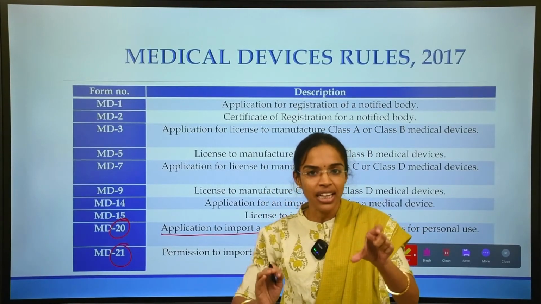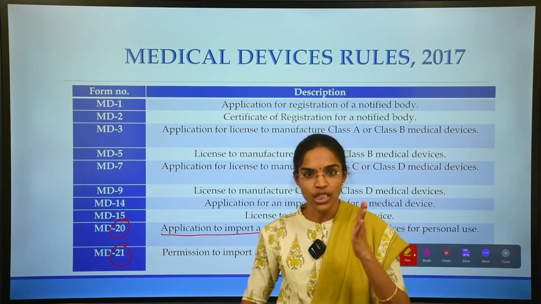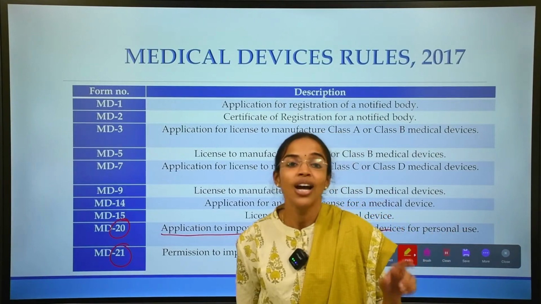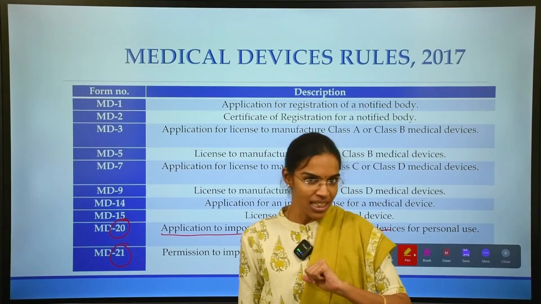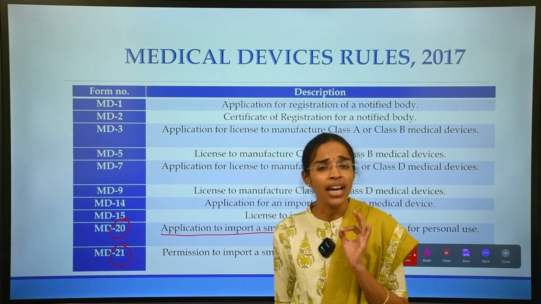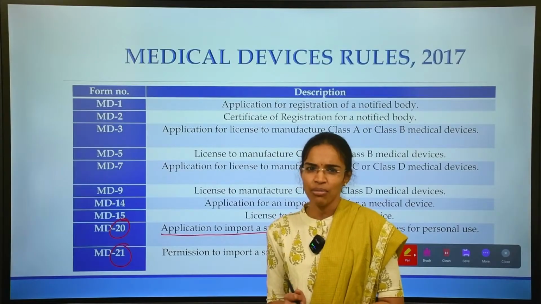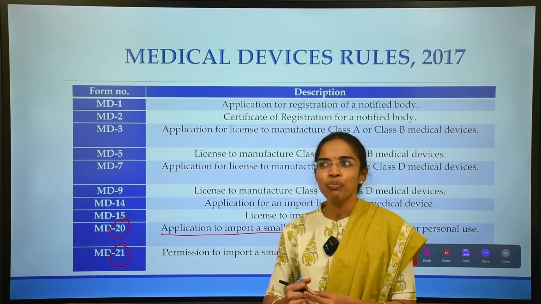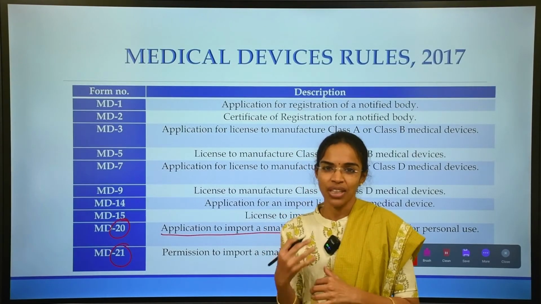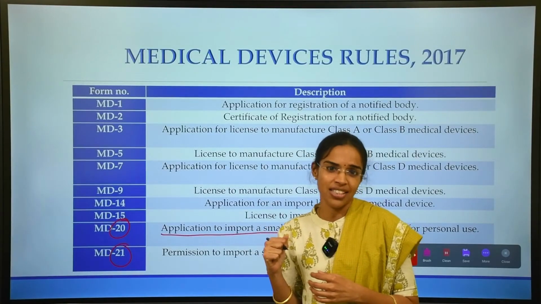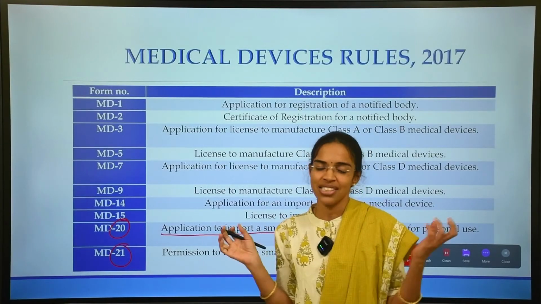Small quantity, not by the manufacturer. Small quantity for personal use is considered under 20 and 21. Very important from a competitive examination point of view. I hope there would be a question from this part in the examination, I suppose.